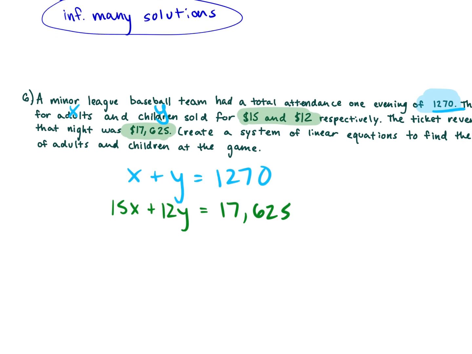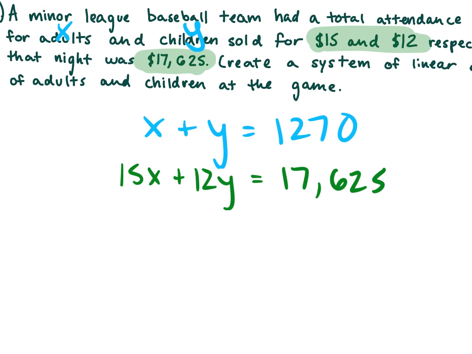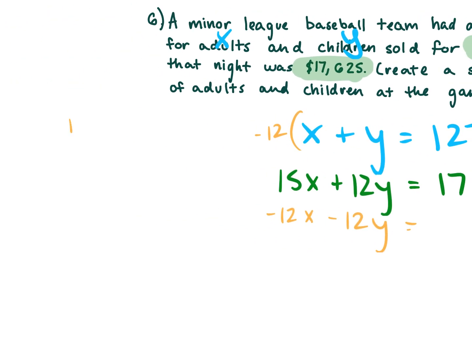What should we do next? We can multiply it by -12 if you want to do elimination. So let's multiply our first equation by -12. So we have -12x minus 12y is equal to, we have 1,270 times 12.